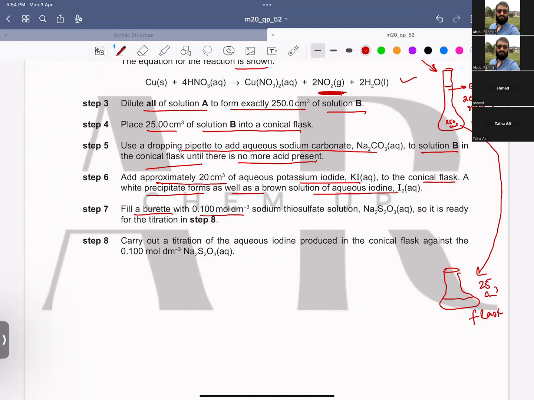So what we do in step 4, we transfer 25 cm³ of solution B from this volumetric flask to a conical flask, just 25 cm³.